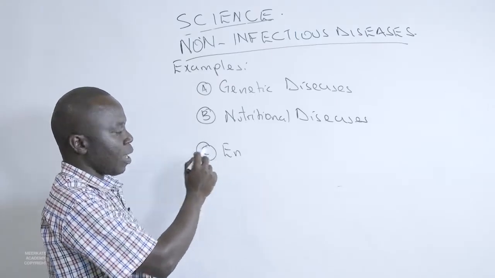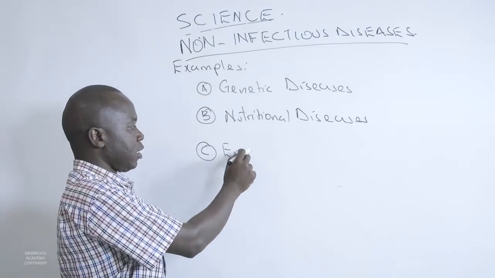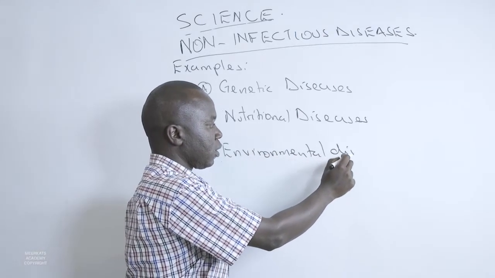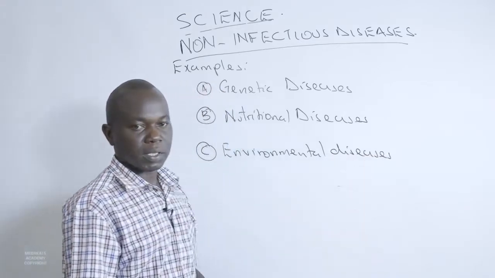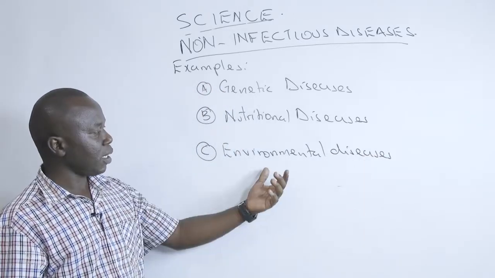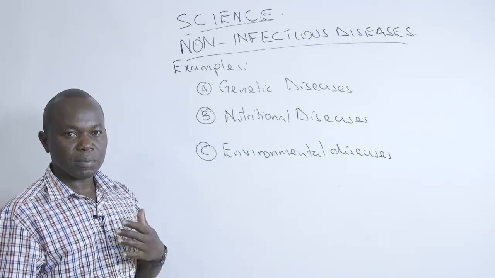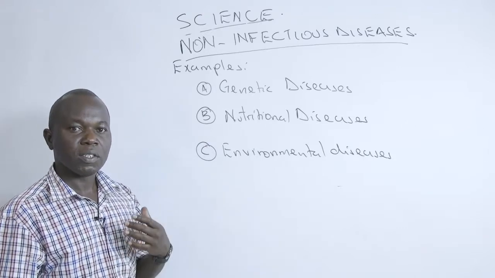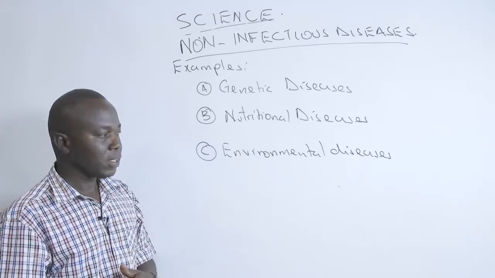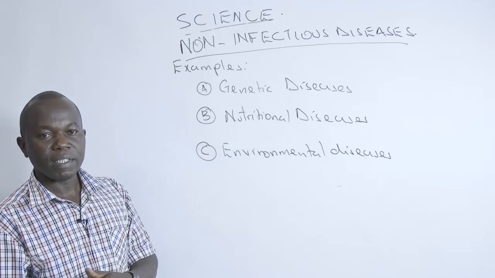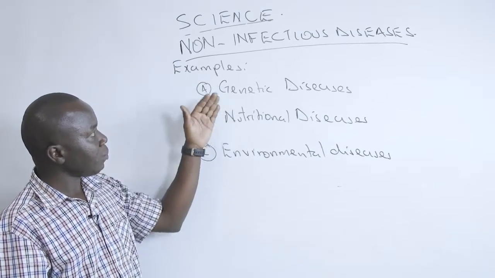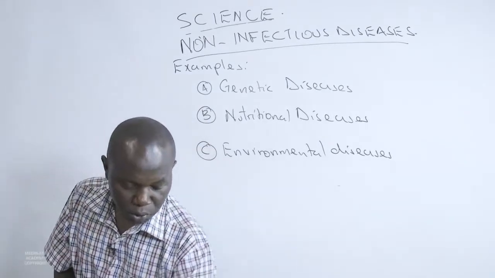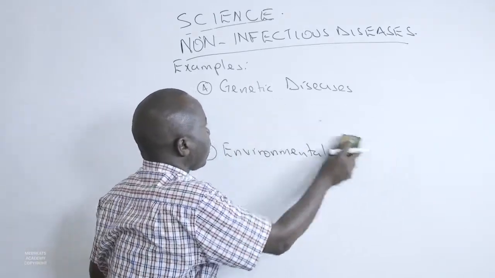And then some of them are due to the environment. Environmental diseases. For instance, alcoholism could be an environmental disease because alcohol can have an effect on the liver and even on the nervous system. It can destroy the brain and the nervous system. So these are the major categories of non-infectious diseases. So we look at each one of them.